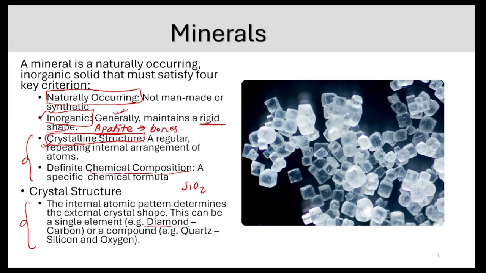For example, here we can see that a crystal structure can be formed from a single atom or multiple atoms. Diamond is made up of carbon atoms. It doesn't have any other element. And quartz is made up of silicon and oxygen, forming crystal structures.